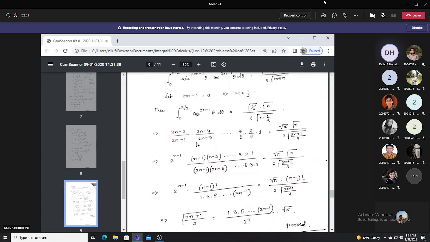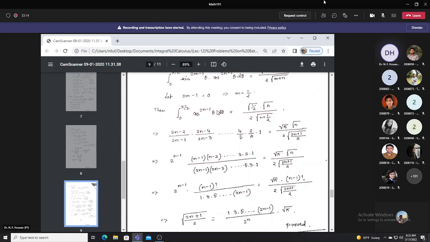What was Wallis formula? Do you remember? Integration 0 to pi by 2 cos to the power n theta d theta. It will be (n minus 1) by n into (n minus 3) by (n minus 2), and so on.